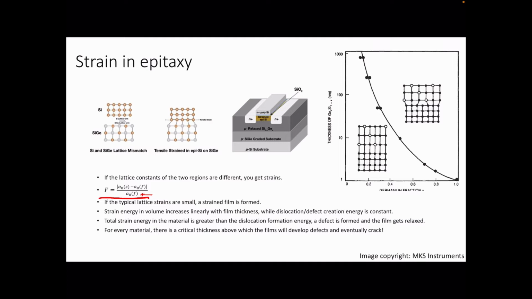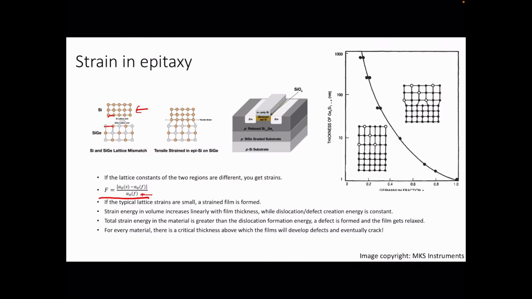So take this example. Here I grow, let's say, silicon on top of silicon germanium. Silicon germanium lattice constant is bigger than silicon, right? So now if you grow one on top of the other, you can clearly see the silicon lattice will have a tensile strain, right? The silicon film will be pulled apart. Whereas if you grow the other way around, if you grow silicon germanium on silicon, the silicon germanium will have a compressive strain. Whenever there is strain, there is a total built up strain energy.